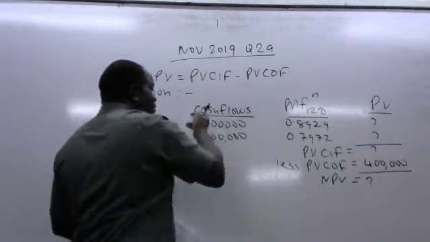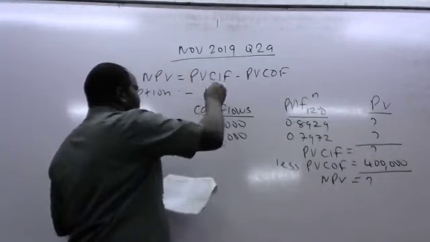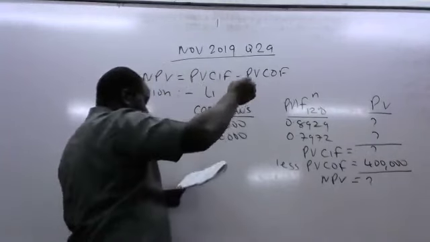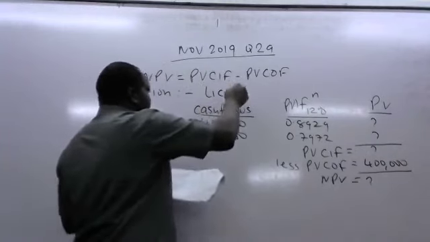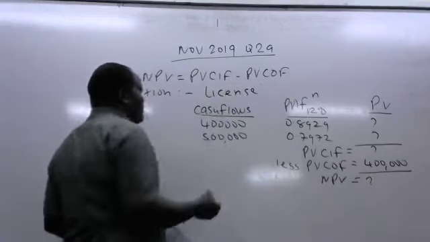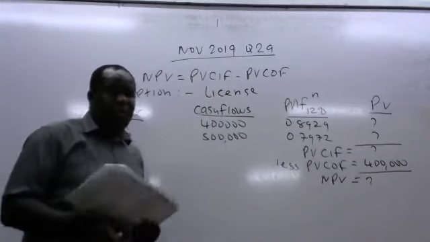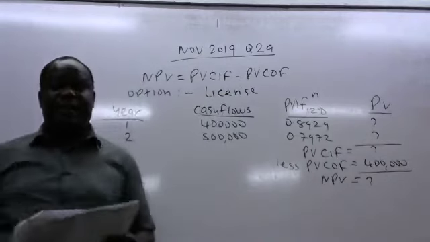The second option, we have been told, is license. We also want to calculate the NPV for that option.